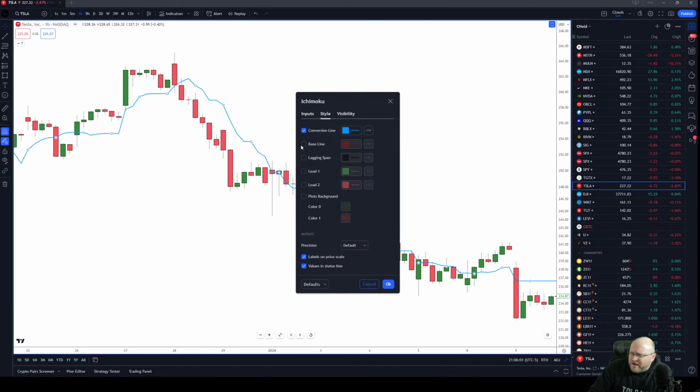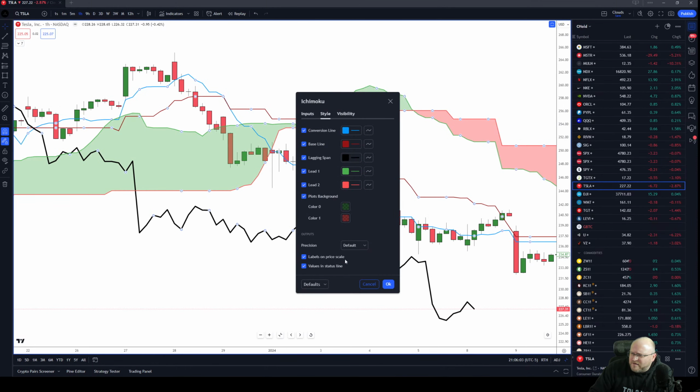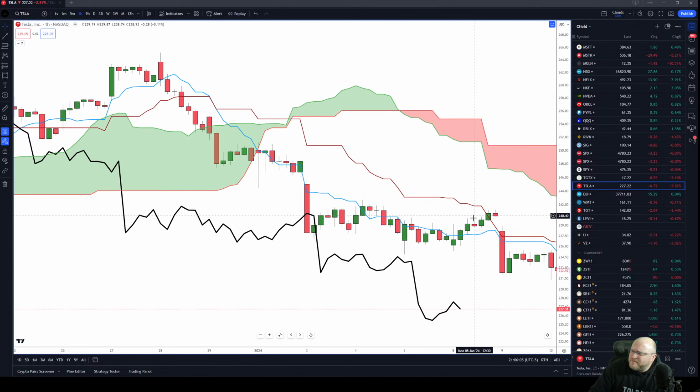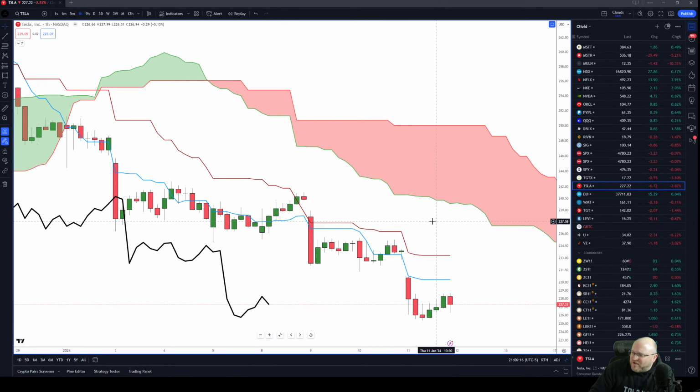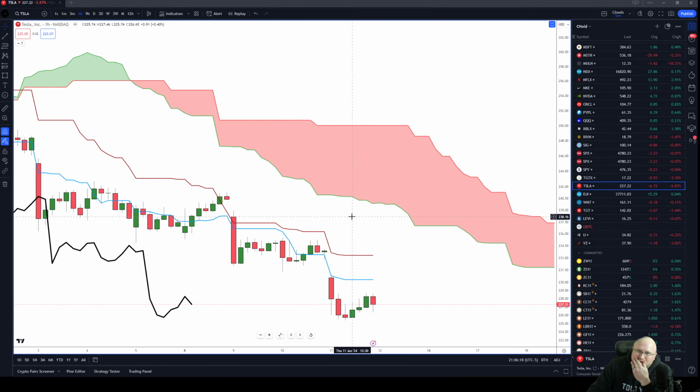Yeah, let me put everything back. Let's see here. As far as the stop losses, that's hard to answer in a general way, because people's risk tolerance is different.